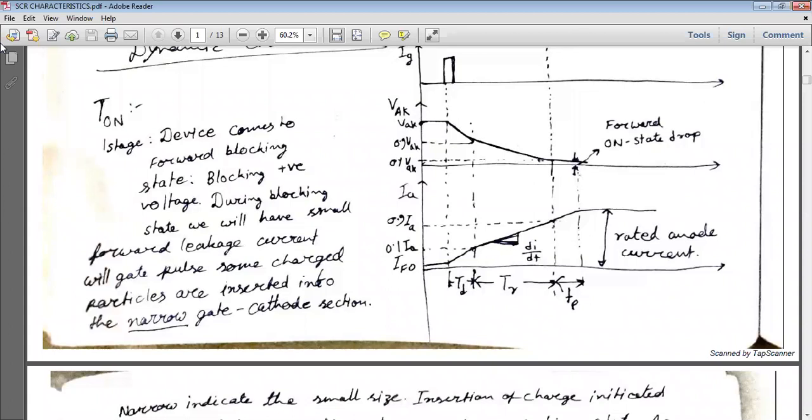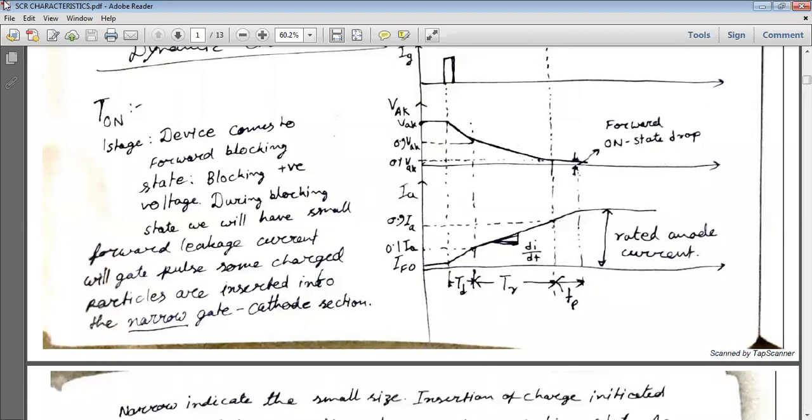Spread time is what? Spread time is the time taken for the anode to cathode voltage to go from 10% of its rated value to the forward voltage drop, as well as the anode current changing from 90% of its rated value to 100% of its rated value. This duration is called spread time.